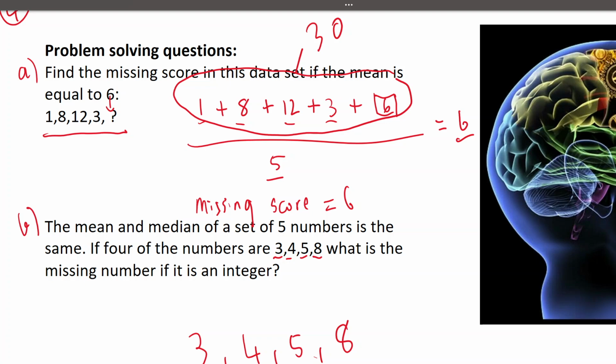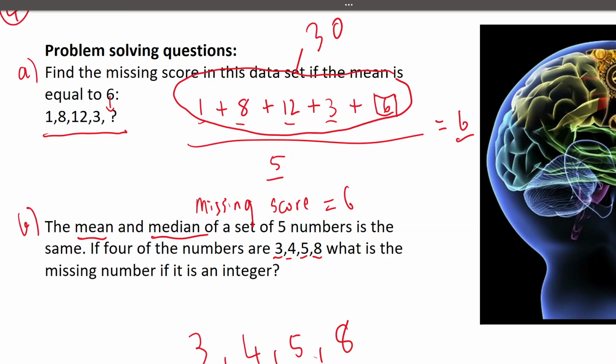We really need to think about what this missing score could be. So because we know that the mean and the median are equal and they're both whole numbers, you know that the average of the 5 numbers has to be a whole number.